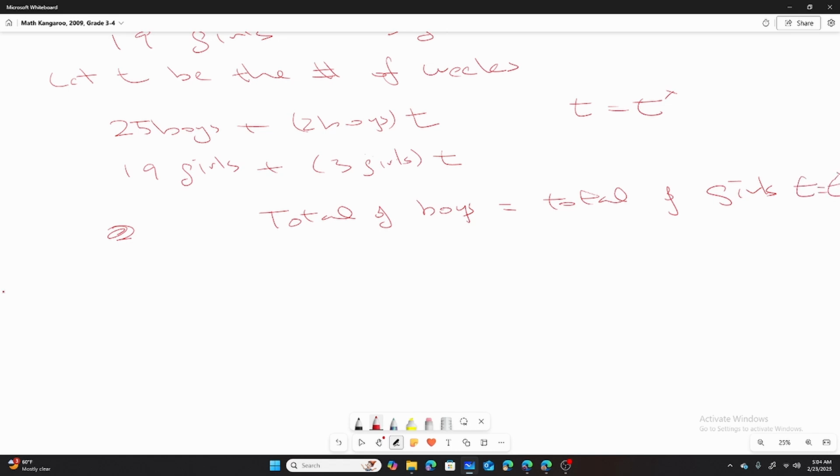So 25 plus 2t, the total number of boys at t weeks, has to be equal to 19 plus 3t. We need to find the value of t. If we can find t, then we know the precise week in which the total number of boys equals the total number of girls.